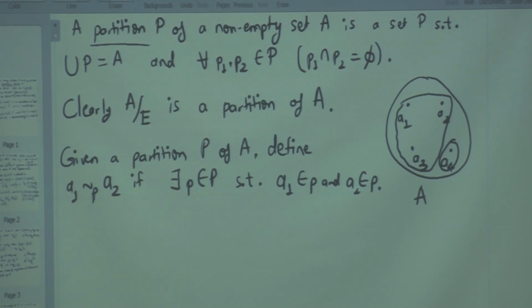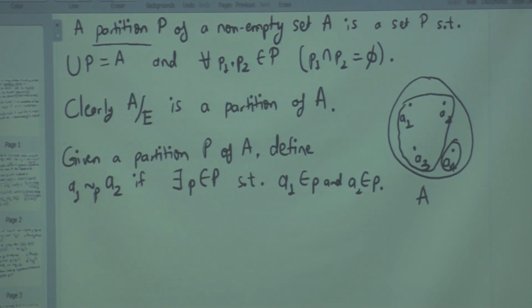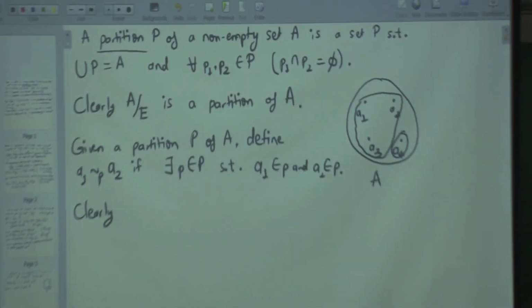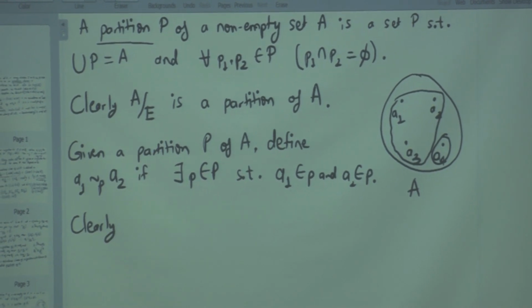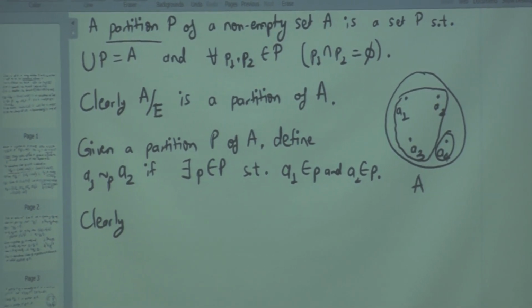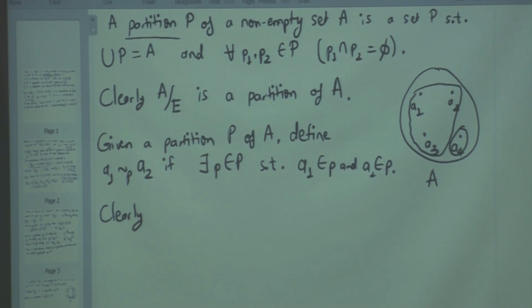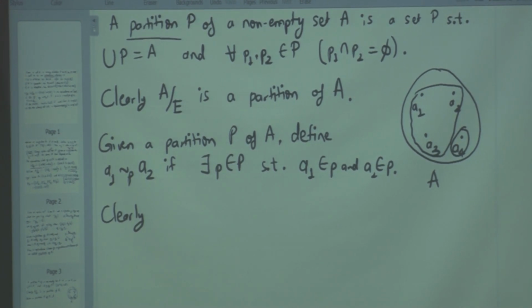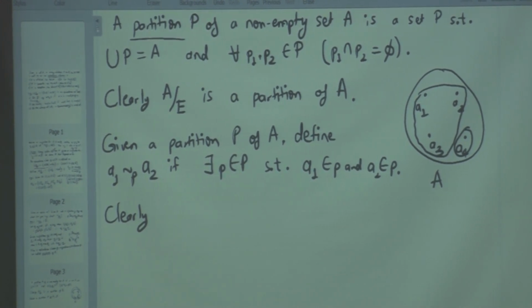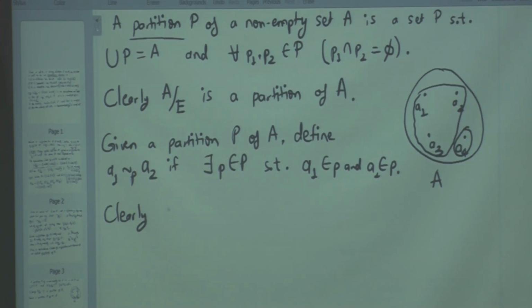So A1 and A2 are both elements of the same part of the partition. Clearly, I am writing clearly because A and A always belong to the same partition. If A and B belong to the same partition, then so do B and A, and by transitivity, everything is perfect. So clearly, tilde P is an equivalence relation.